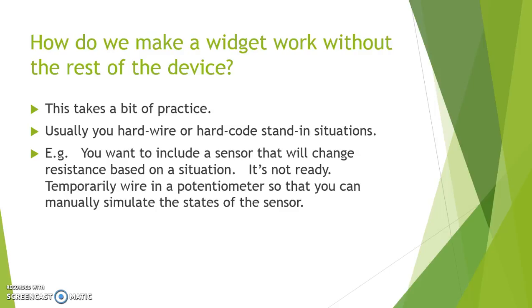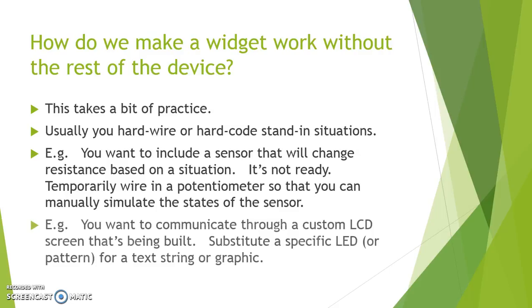And then we can develop the thing we need to while we wait for that sensor. Or we want to communicate through a custom LCD screen that's being built by a different team. Well, we can substitute an LED for our output. So we can go and build everything we need to build, and it just lights an LED that stands in for the graphic that we're eventually going to produce.